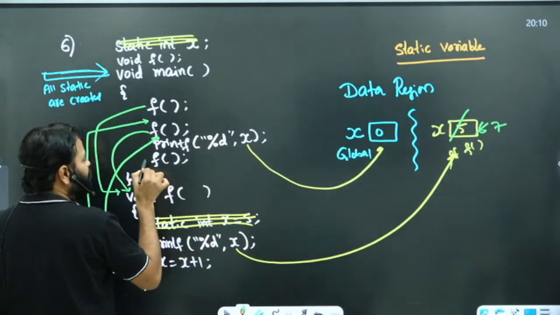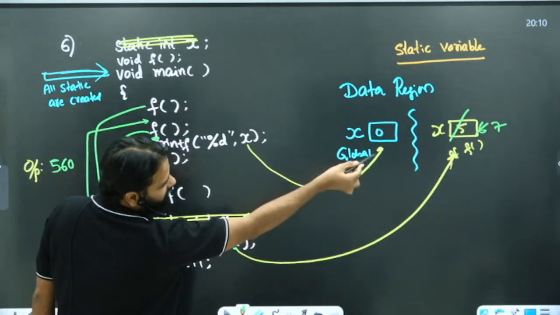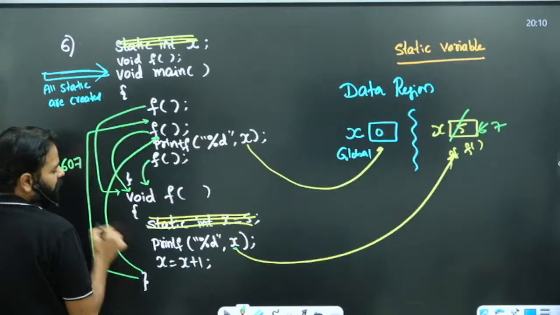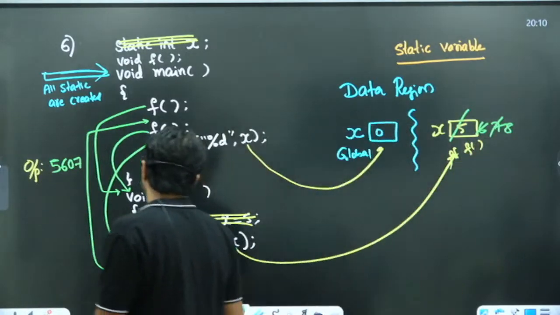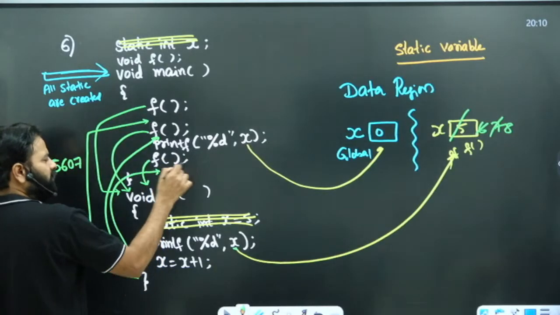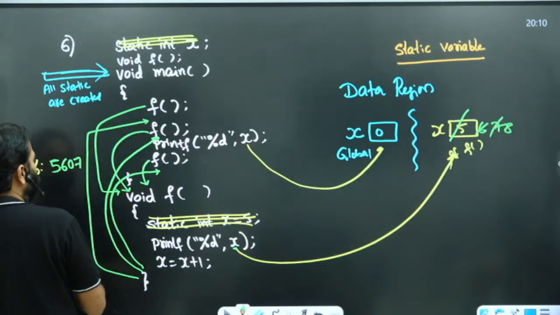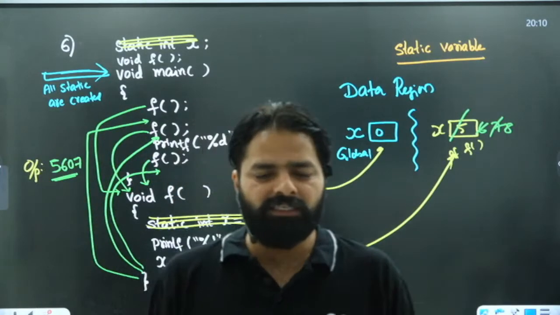Then f is called again, and this time the x value is 7, and it will become 8. When you come back from here, no more execution because the main function is over. So 5607 is the output. Anybody printed? 5607.